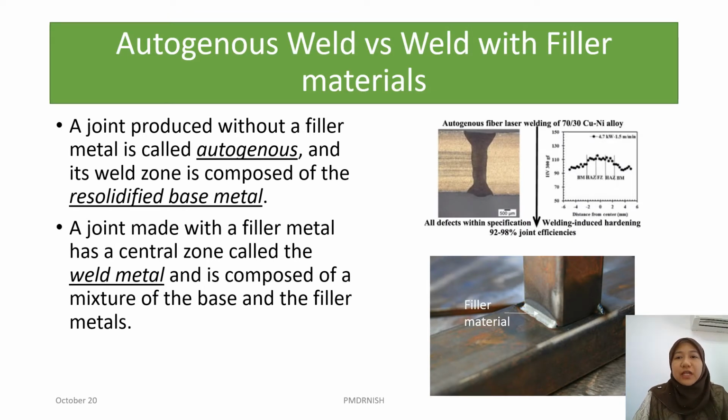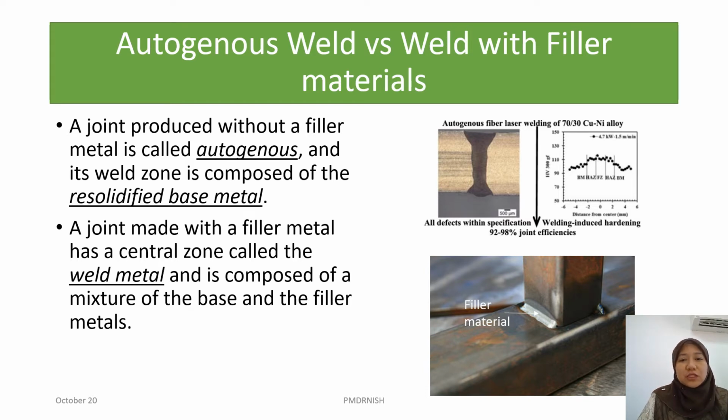Autogenous weld versus weld with filler materials. A joint produced without a filler metal is called autogenous, and its weld zone is composed of resolidified base metal, meaning the fusion zone consists only of the liquid form of the base plate.